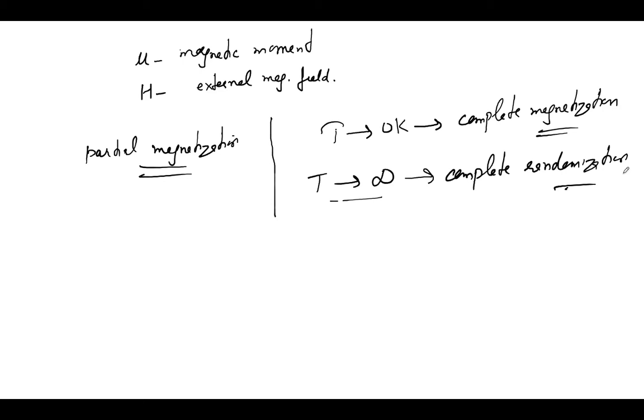So this complete randomization implies a vanishing magnetism, and so we generally consider the case of our canonical ensemble at some intermediate temperature, the temperature which lies between 0 and infinity.